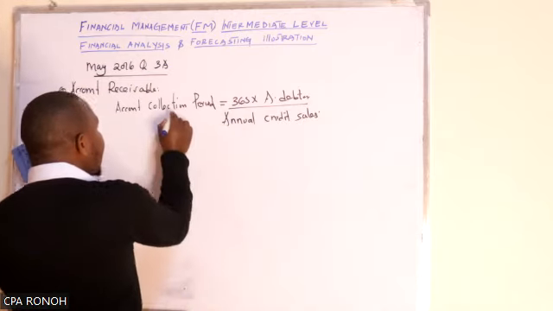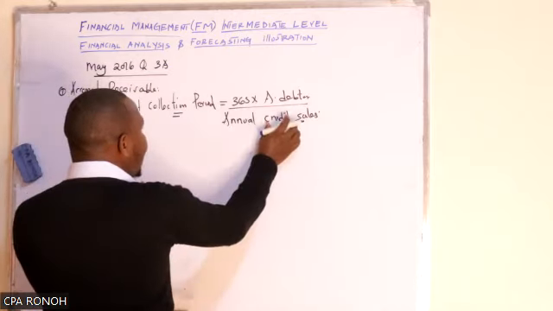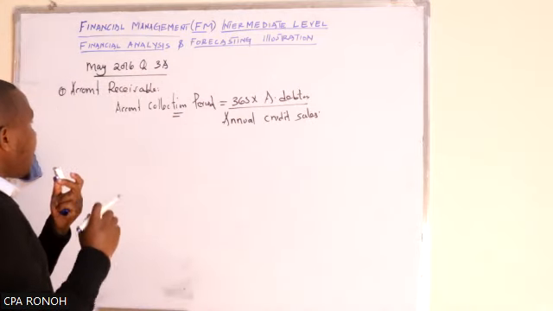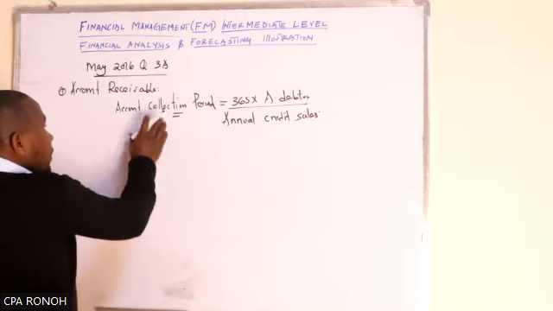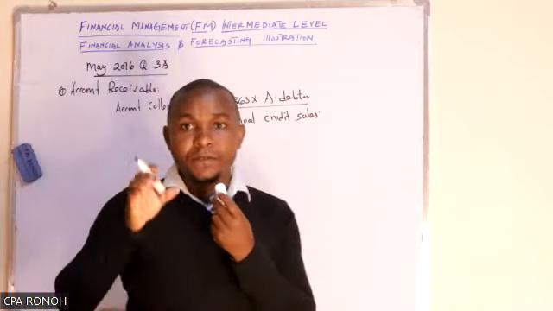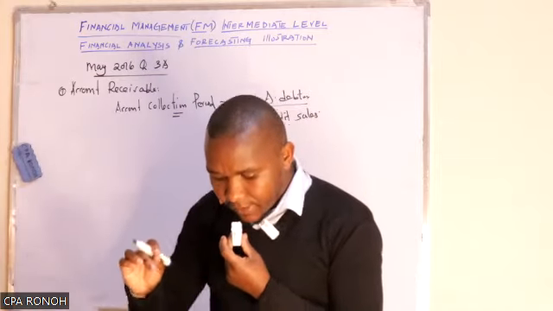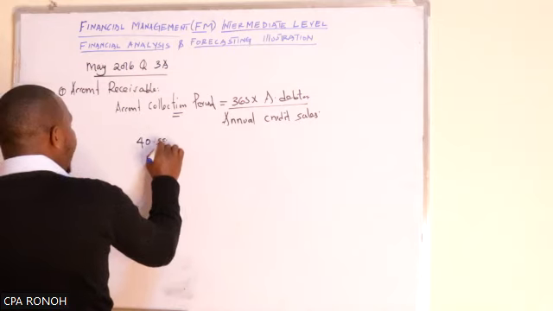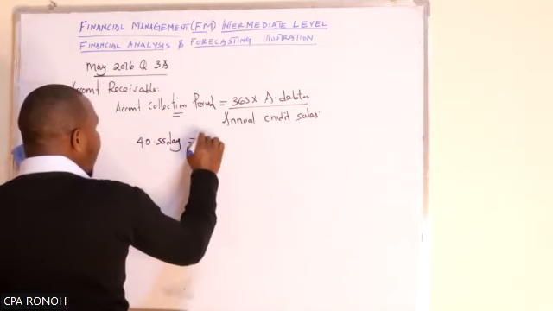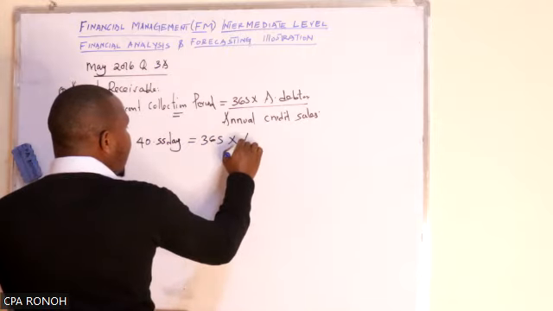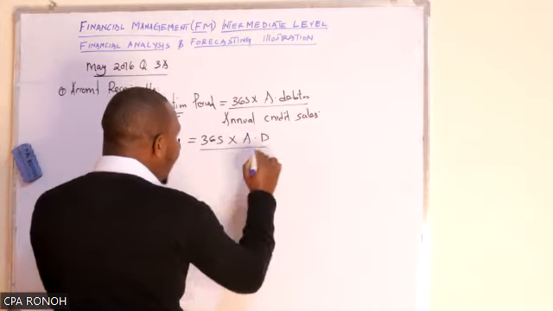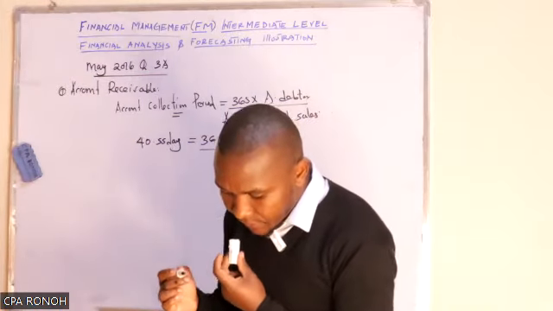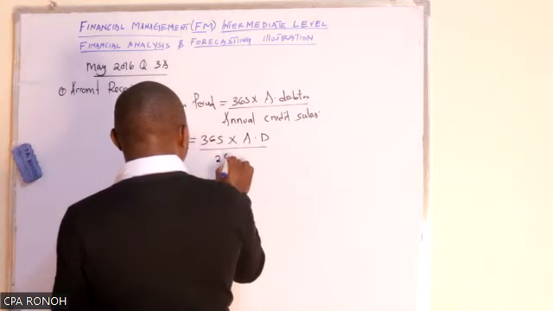Now they have given us this, and we have this, so we now have to get the account receivable. In our illustration, they have given us a debtors collection period of 40.55 days, which is equivalent to 365 times the average debtors, divided by the annual credit sales, which is 2,000.